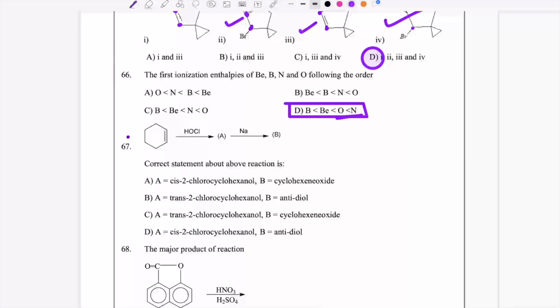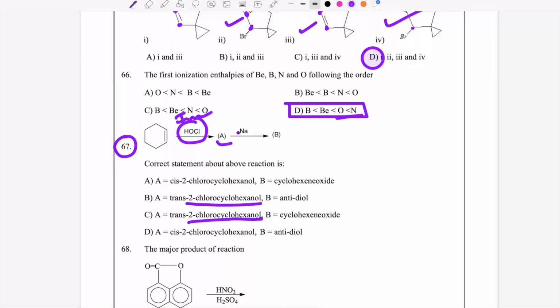Right. So next we'll move to the 67th question. We have cyclohexene, which is treated with HOCl. So the compound formed would be A. Here trans addition takes place, which gives us compound A. So trans 2-chlorocyclohexanol is formed. We got 2-chlorocyclohexanol in both cases.